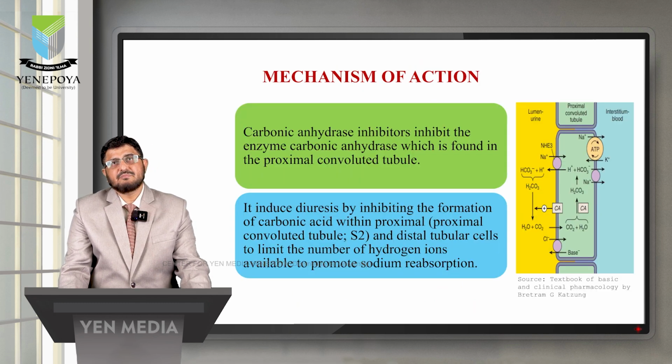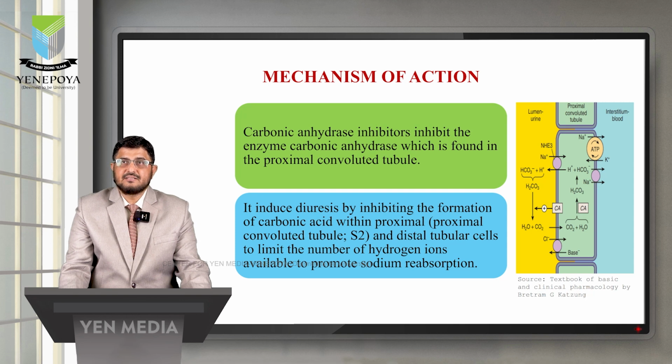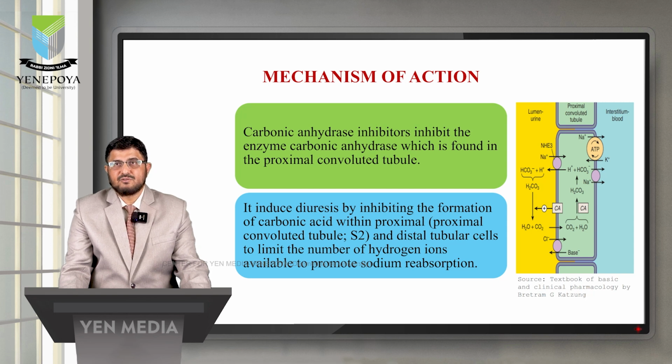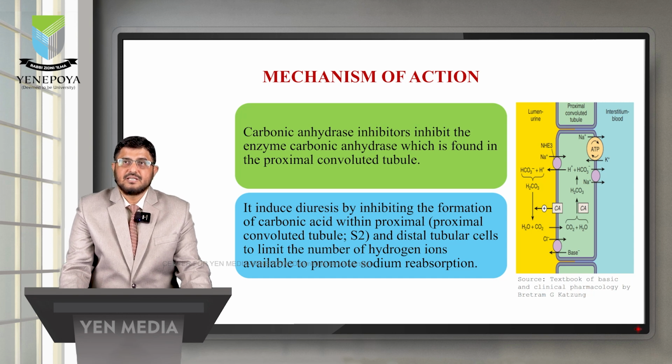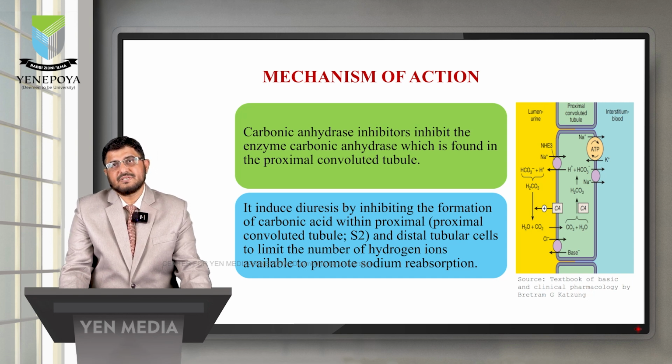Coming to the mechanism of action, carbonic anhydrase inhibitors inhibit the enzyme carbonic anhydrase, which is found in the proximal convoluted tubule. We can see in this diagram that if this enzyme is inhibited, there will be no formation of carbonic acid, no formation of carbon dioxide and water, no carbon dioxide permeating into the intracellular fluid, and no bicarbonate formed.